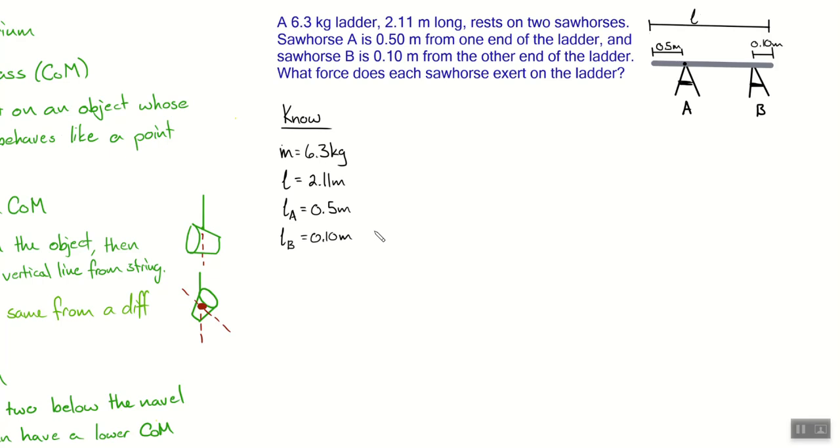Okay, this is everything that I know at this point in time. So we'll just indicate that, hey, check it out, we have all of our knowns listed. I'm going to find the force that these sawhorses are putting on the ladder. So we're looking for the force of A, and we're looking for the force of B.